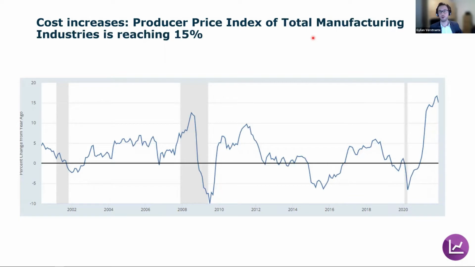If we then look over the whole value chain of manufacturing, we see that cost increases of those commodities and other goods have really lifted the producer price index for the total manufacturing industry. So here we see that the producer price index of total manufacturing has also substantially increased and is reaching a 15% increase compared to last year.